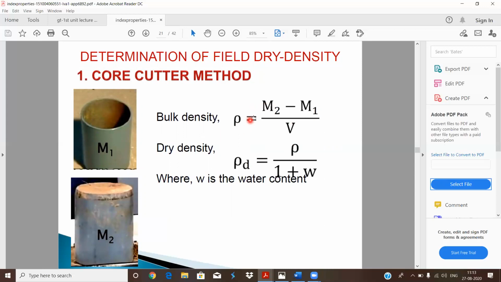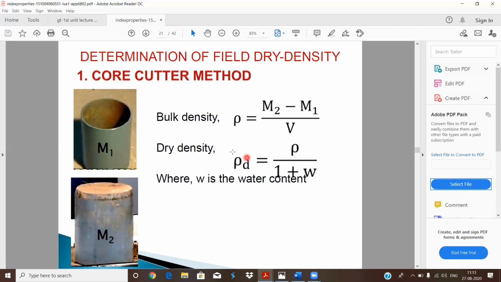By this way we can get the density of the soil. For volume, we already said the volume of the core cutter is π/4 d² into height. The diameter of the core cutter we can measure by scale or any device, and the height also. So by this way we can find the bulk density.